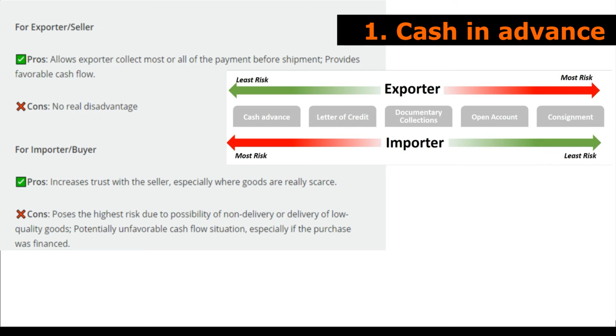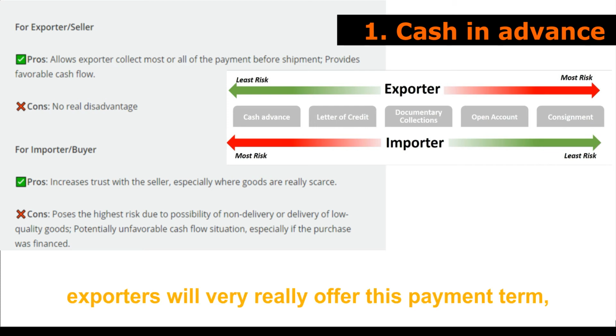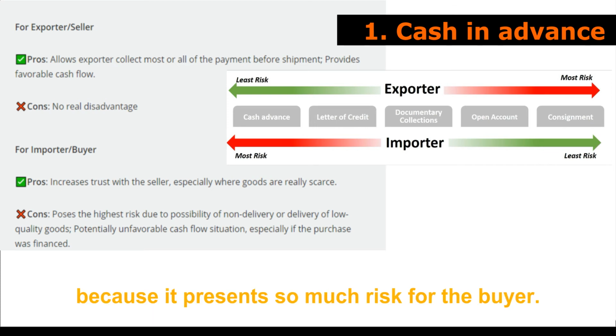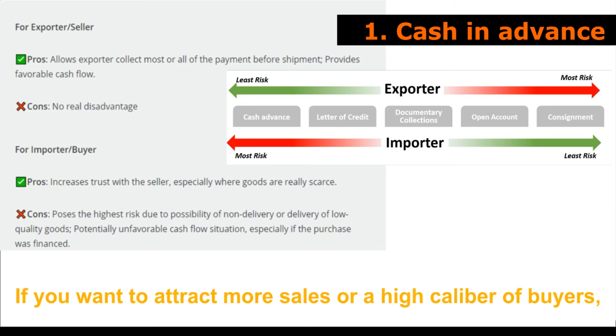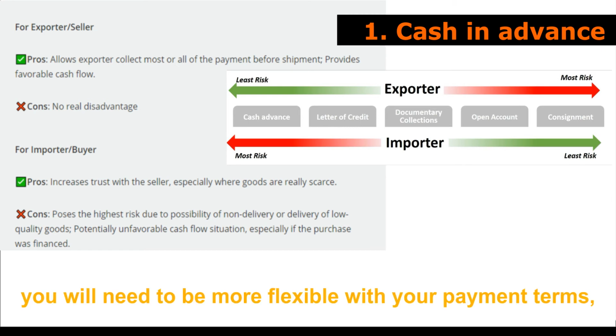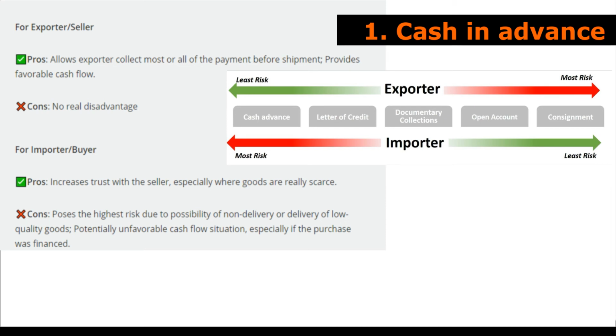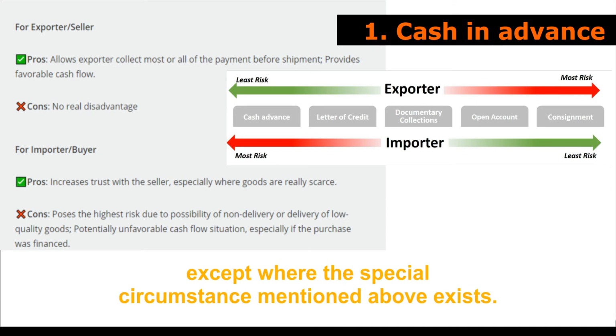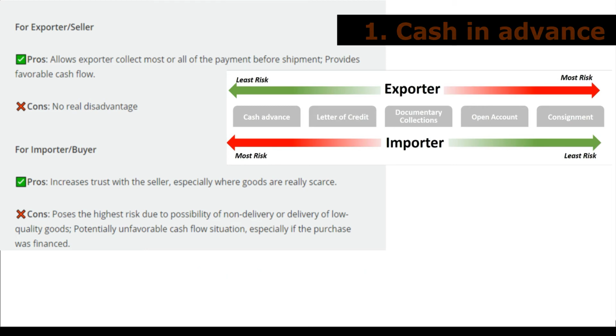As a result, exporters will very rarely offer this payment term because it presents so much risk for the buyer. If you want to attract more sales or a high caliber of buyers, you will need to be more flexible with your payment terms, except where the special circumstances mentioned above exist.